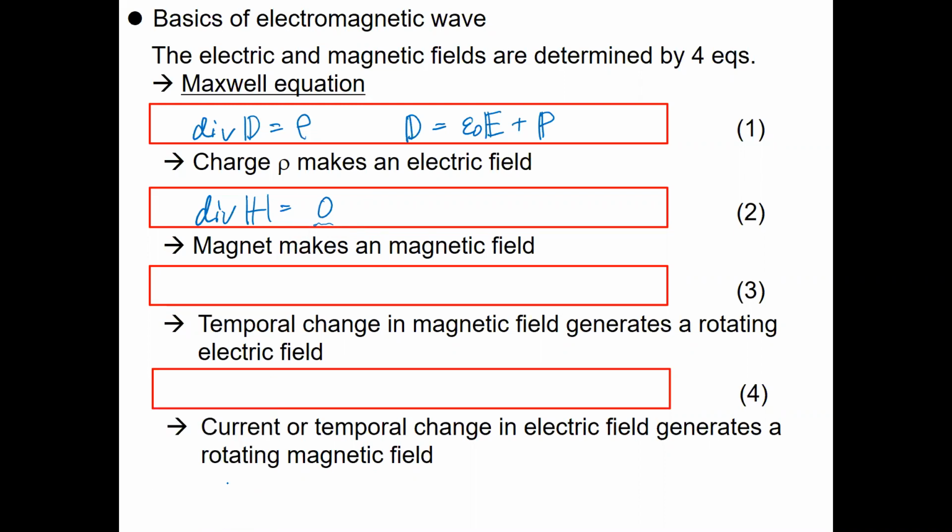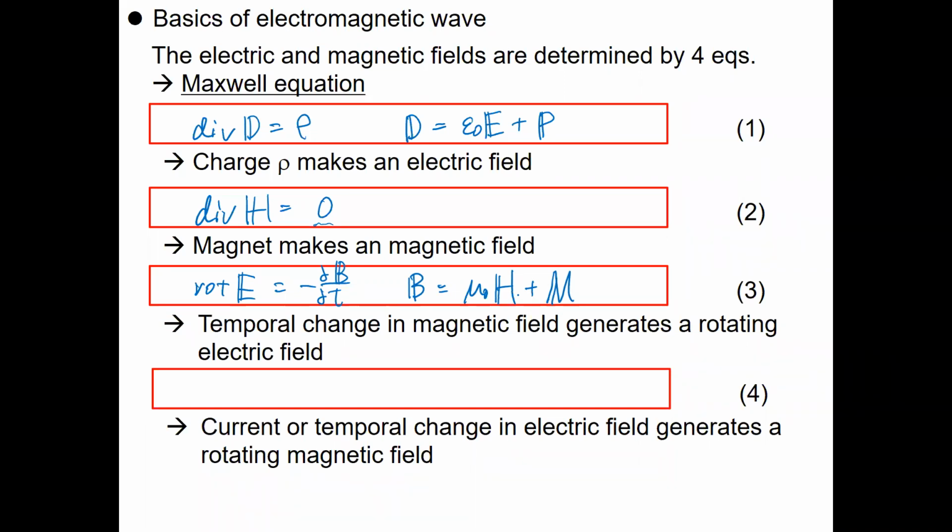And the third equation is rotation E equals minus dB/dt. Again, B is the magnetic displacement, which means mu 0 H plus M. So by applying a magnetic field, magnetic displacement is induced.